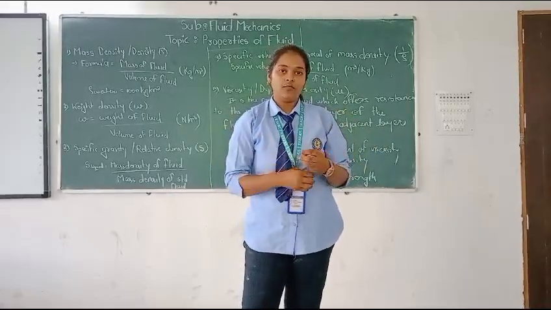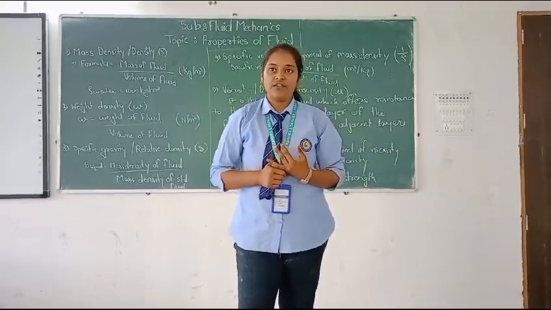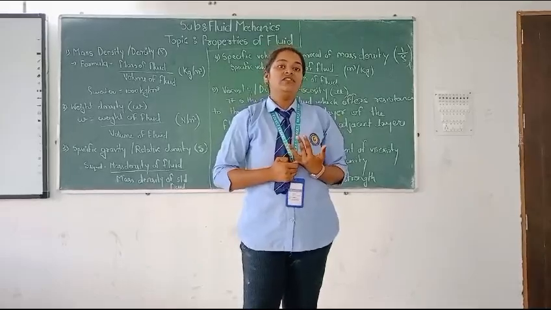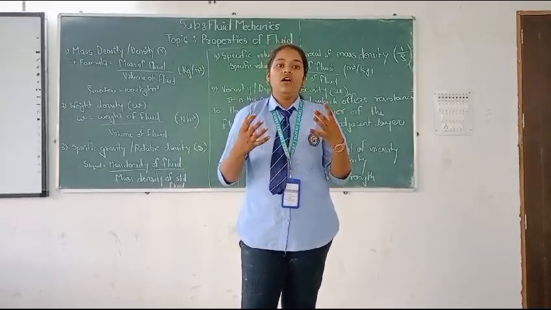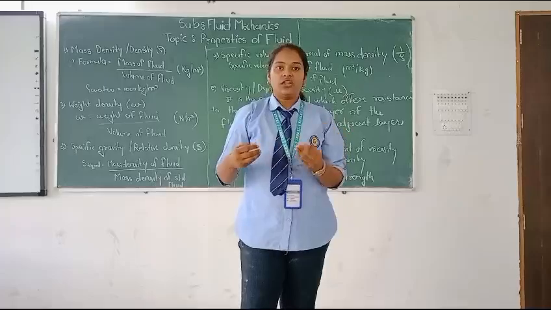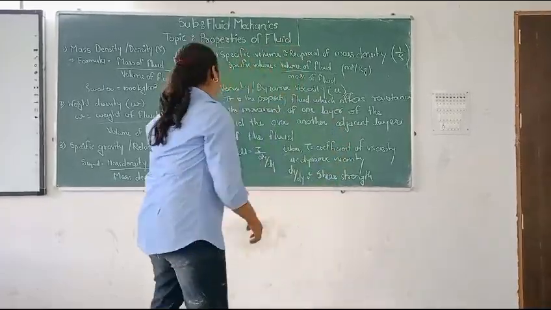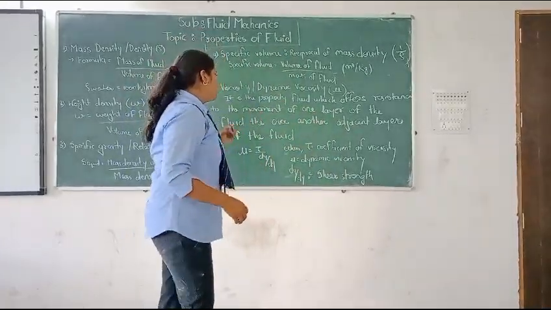From the conclusion of these two examples, we can say that the fluid which moves slowly has more viscosity. The fluid which can move fast, that means water, has less viscosity as compared to the oil. So dynamic viscosity is denoted by the Greek symbol mu.